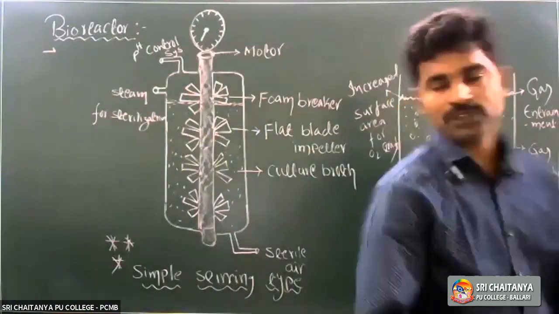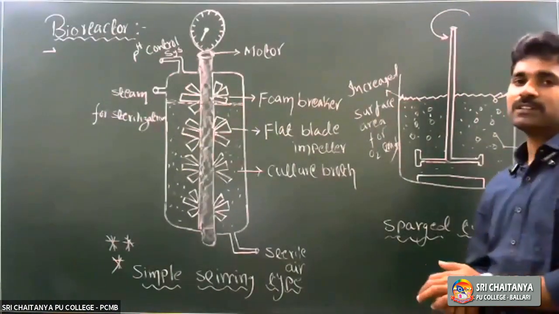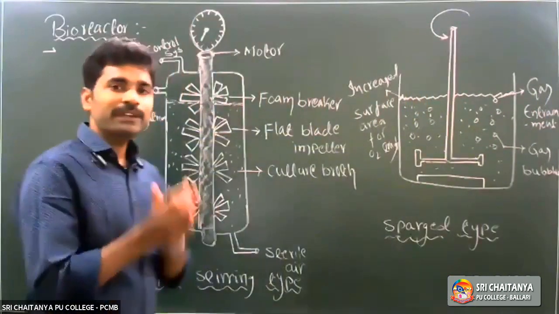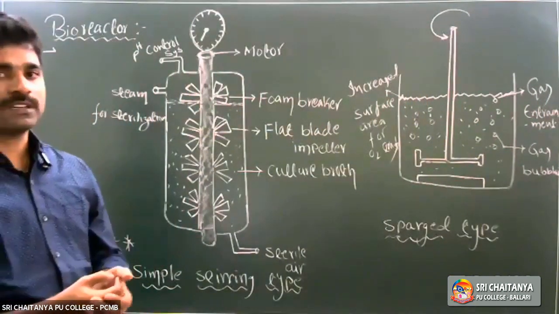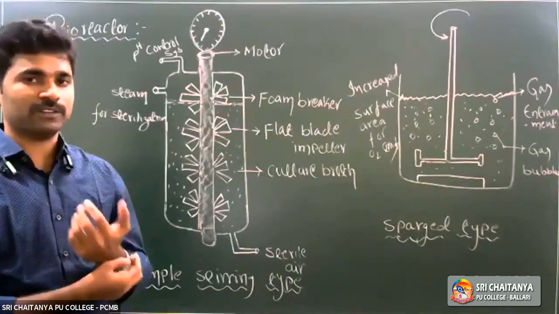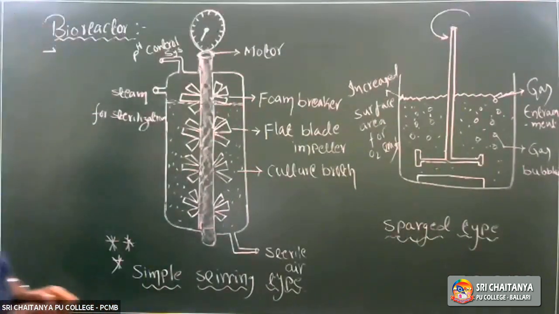So now tell me, what is the use of a bioreactor? A bioreactor helps in the conversion of raw material into desirable products biologically. Biologically means with the help of microorganisms. So now these two diagrams are important: the simple stirring type of bioreactor and the sparged type of bioreactor.